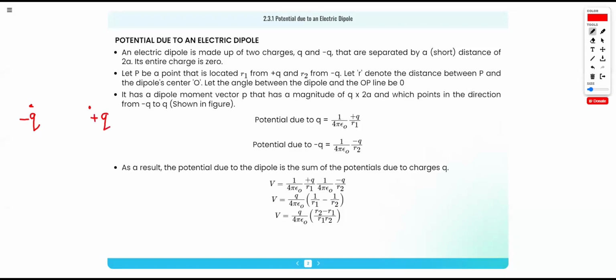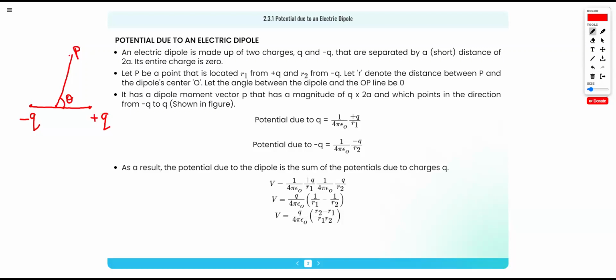There is a line joining these two charges. Let us consider that we have a point P which is located at a certain angle theta from here.